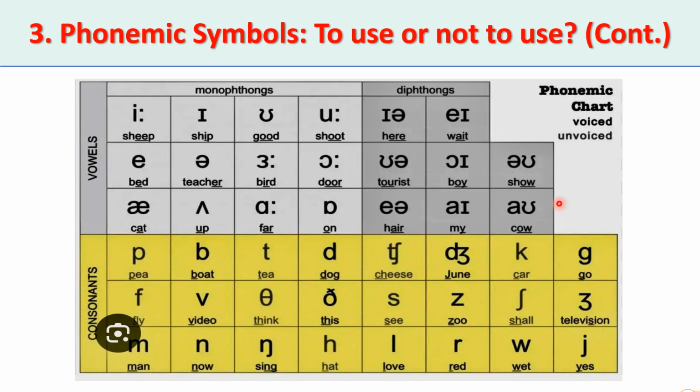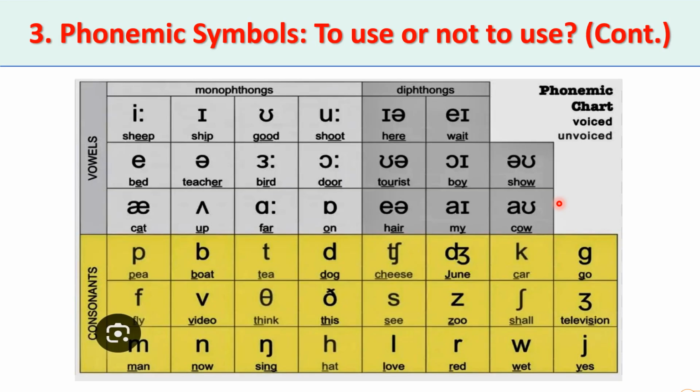For my understanding, the reason to use phonetic symbols is that they help learners pronounce words accurately. They show the correct pronunciation even when English spelling is irregular, for example, short, through, touch, and they help students use the dictionary independently.